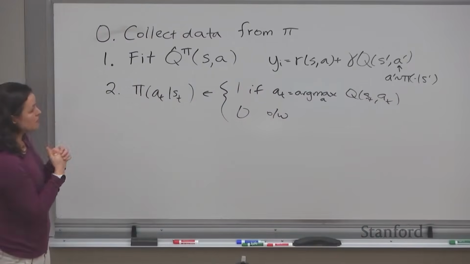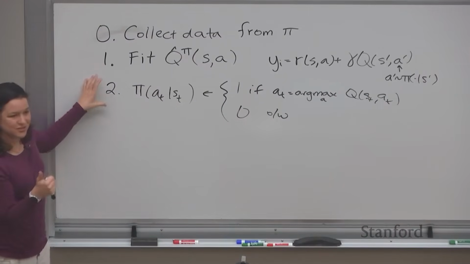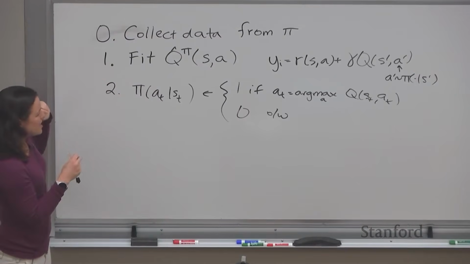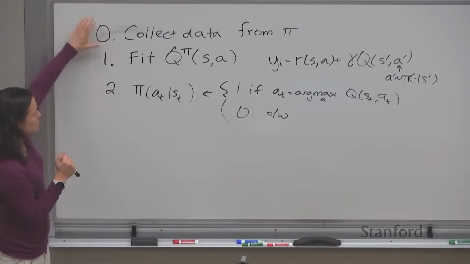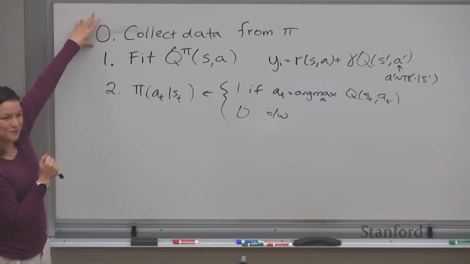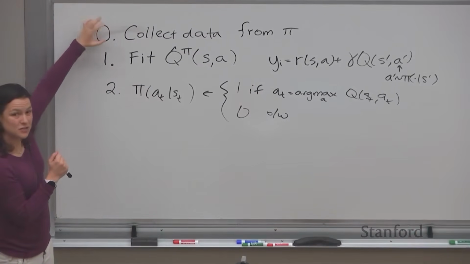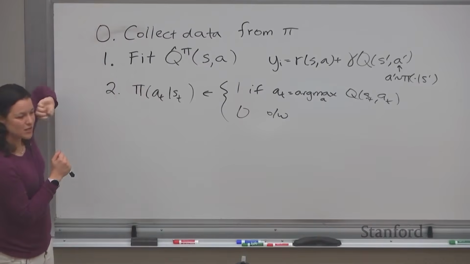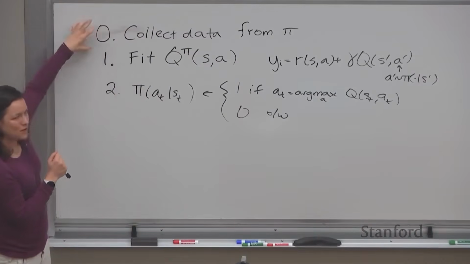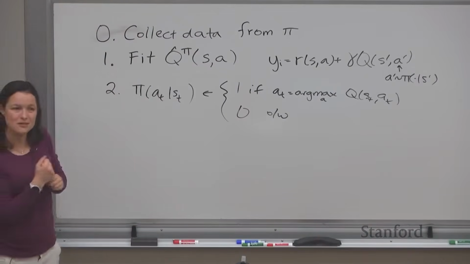The question is, is this policy deterministic? Yes, this policy is deterministic. This is actually one reason why you might not want to collect data from this policy, because you're not going to have that much diversity in your actions. And we'll talk in a couple slides about what policy we might want to collect data from.